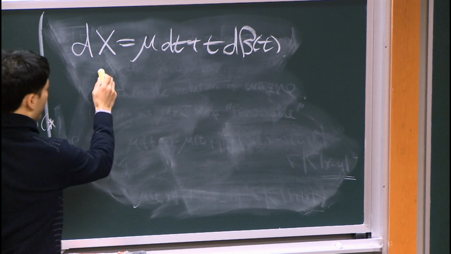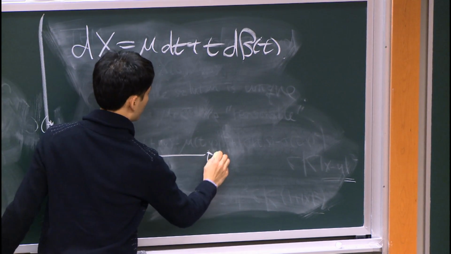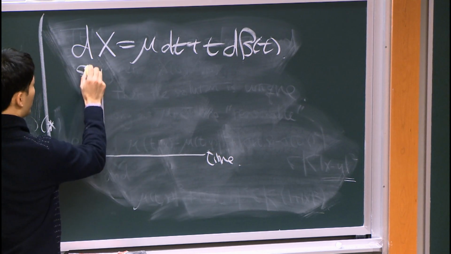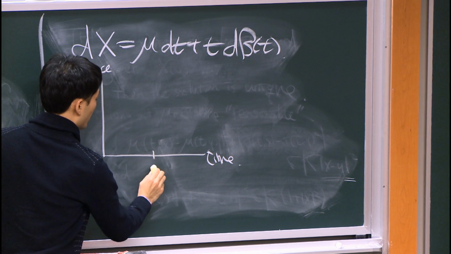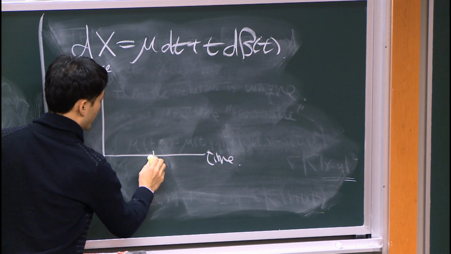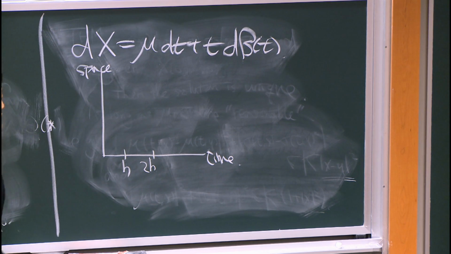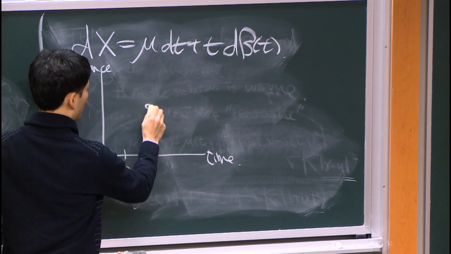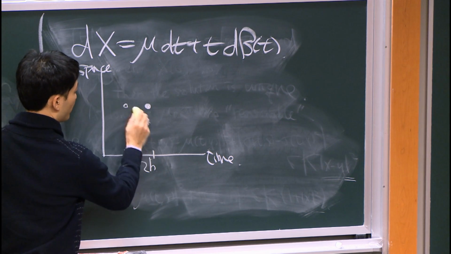Okay? And time variable and space variable. So if you want to compute your value at time h, 2h, based on value h, in this picture, I told you that this point came from these 2 points.